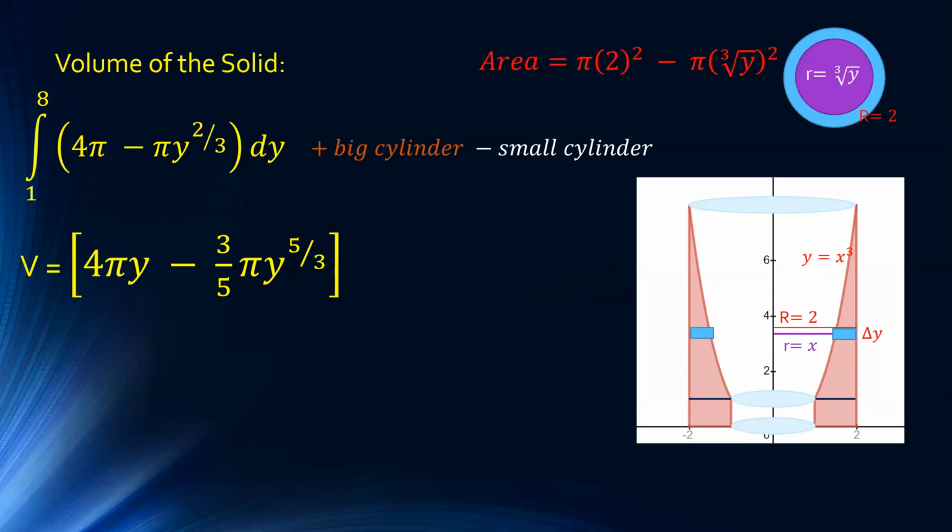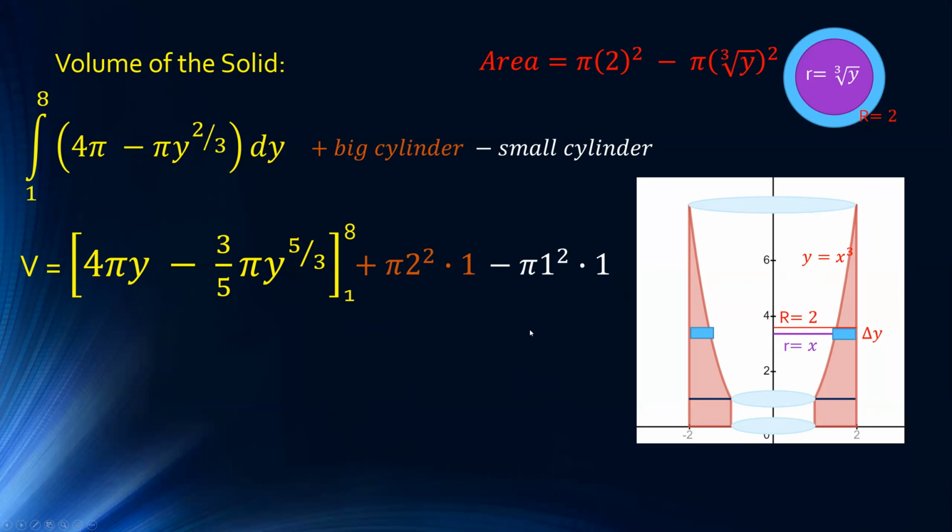The volume of the big cylinder would be pi r squared h with radius 2 and height 1, minus the volume of the small cylinder, pi r squared h, where little r is 1 and the height is the same, which is 1.